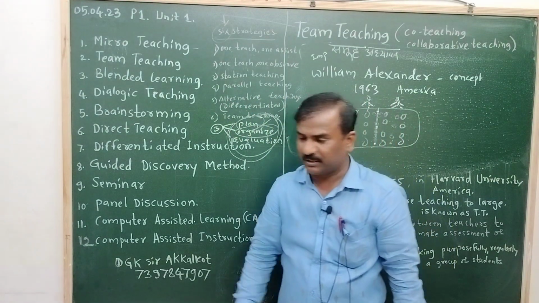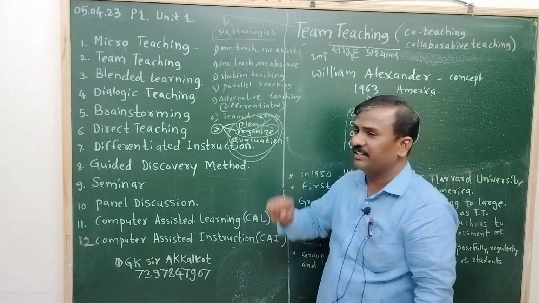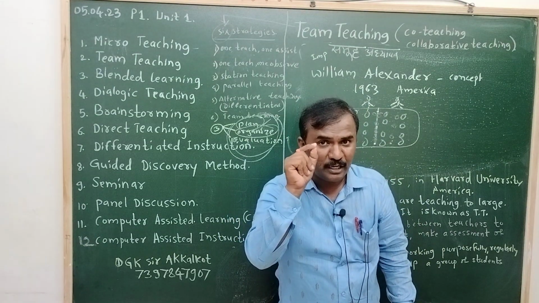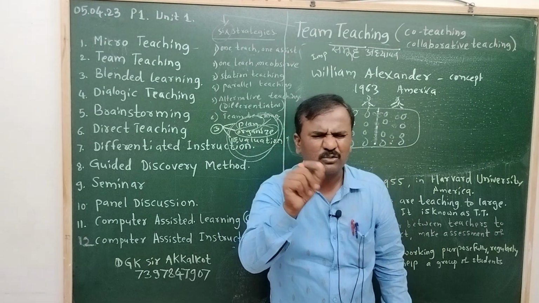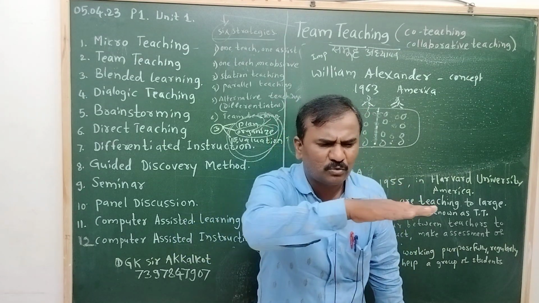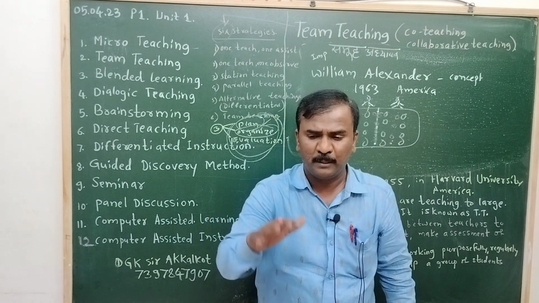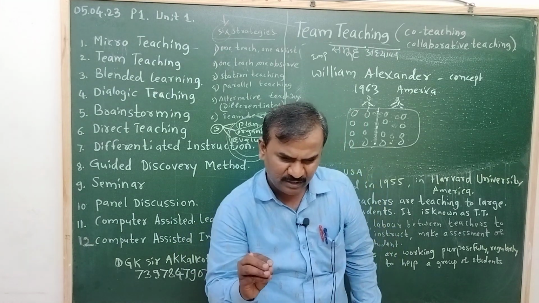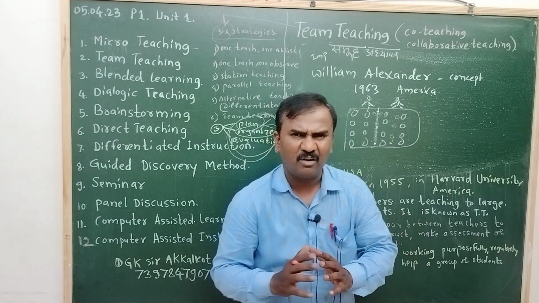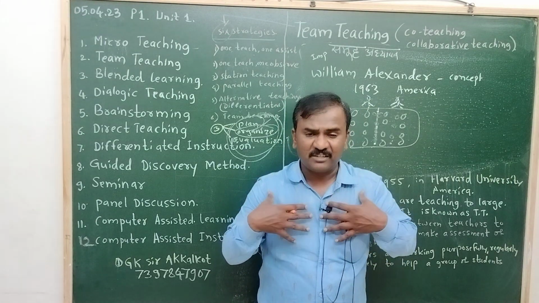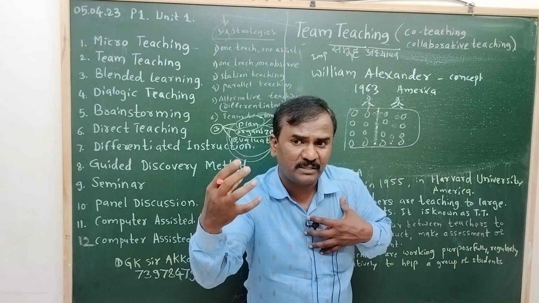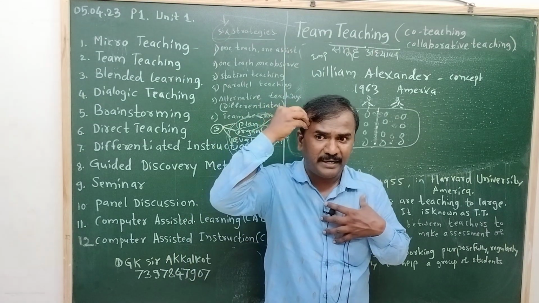Alternative teaching means what? It is known as differentiated teaching. Please remember that all students are not equal. All students are not the same in the classroom. Some students are intelligent, few students are dull, and some students are ordinary. As a teacher, I should identify the students. I should keep the students' ideas in mind, then teach.